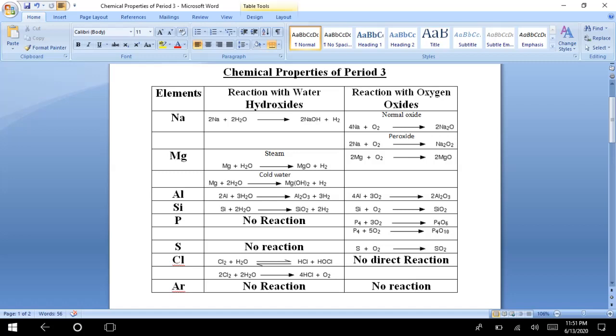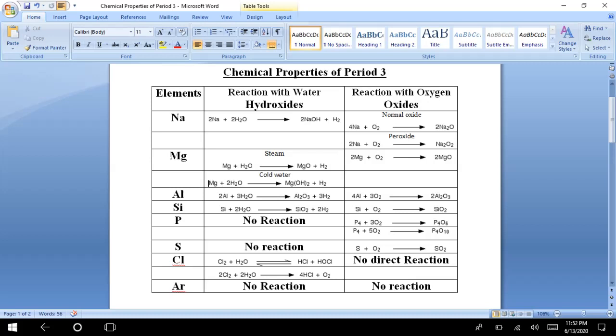Argon is a noble gas, and you all know that noble gases are the most stable of the remaining elements. Argon's octet is complete, it doesn't need to lose, gain or share any electron with any other atom or element. So this noble gas reacts with neither water, nor oxygen, nor chlorine.